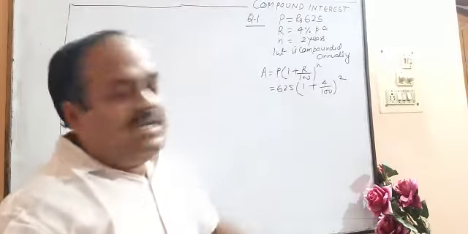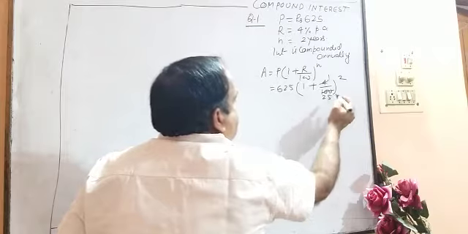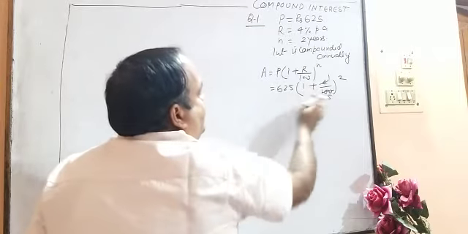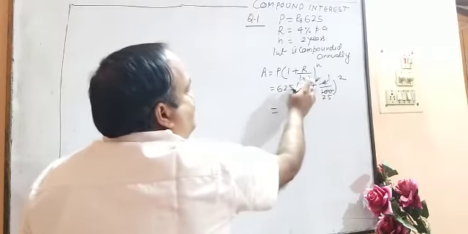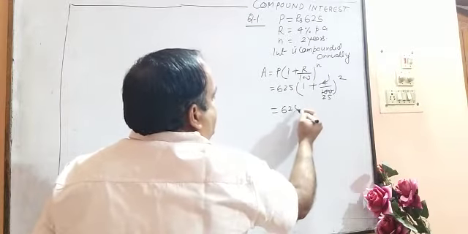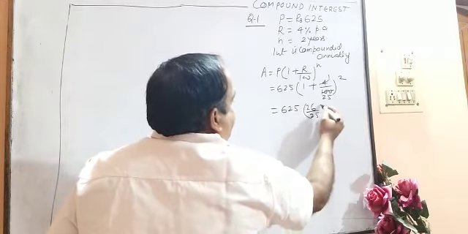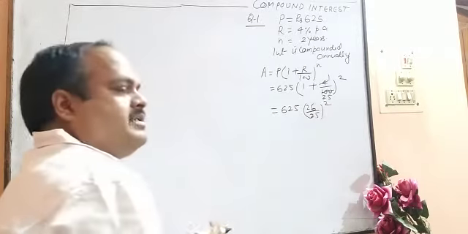This 4 will cancel this 100. So when we add 25 to 1, we get 26 upon 25, whole square.